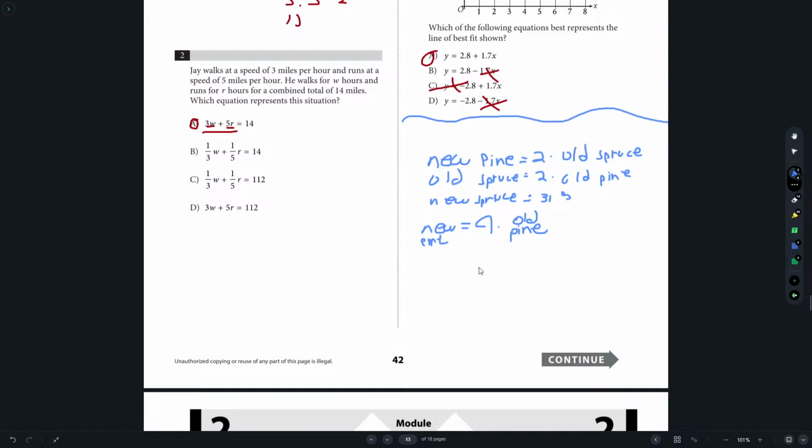So the pine is 2 times as old as when the spruce was 2 times as old as the pine. So it's 4 times the old pine. And now the spruce is 315 years old. I'm just trying to figure out where the 315 helps us out here. The spruce used to be 2 times as old as the pine. And now the pine is 2 times that.